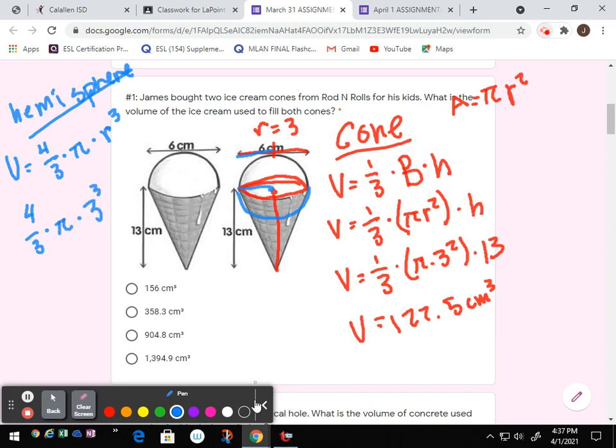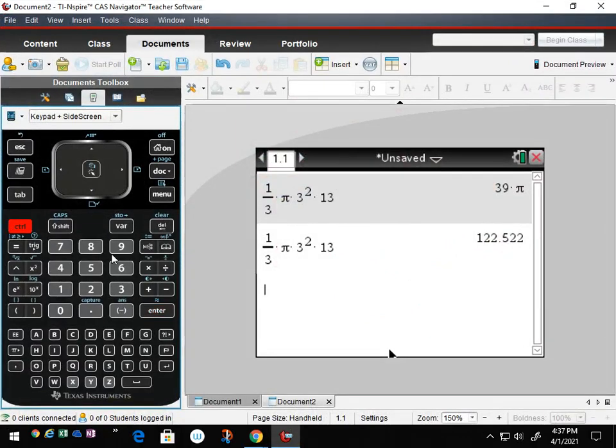All right, let's go to our calculator and plug that in. Control divide, 4/3 times pi times 3 to the power of 3. We get 113.097.